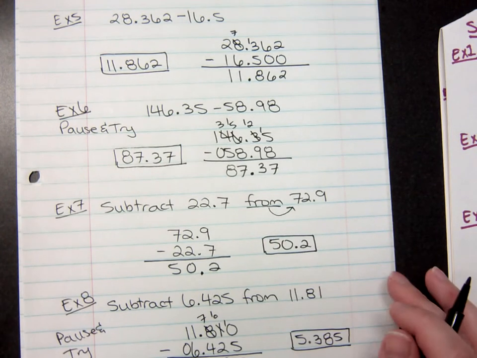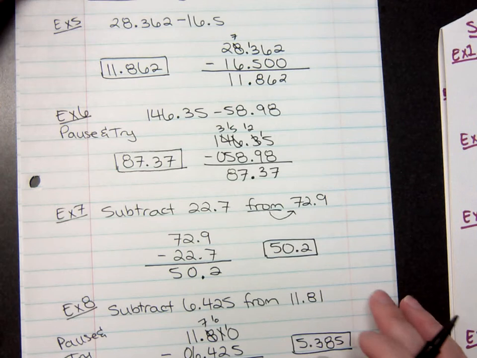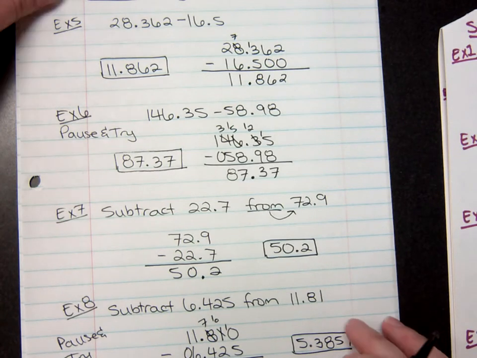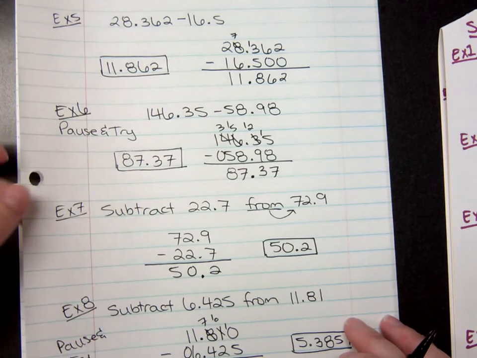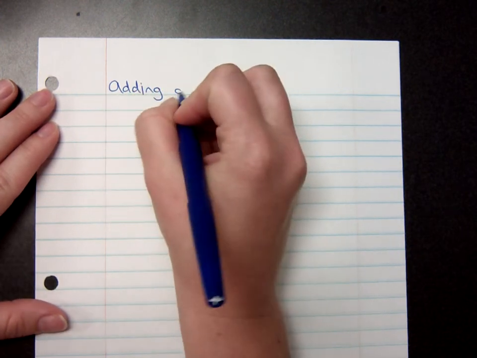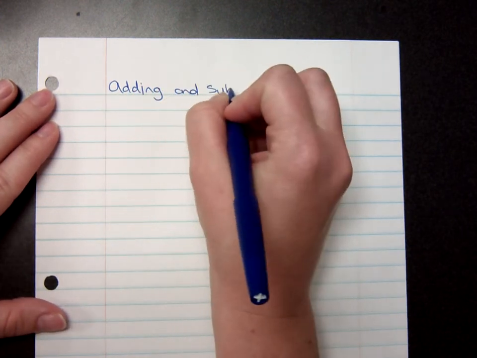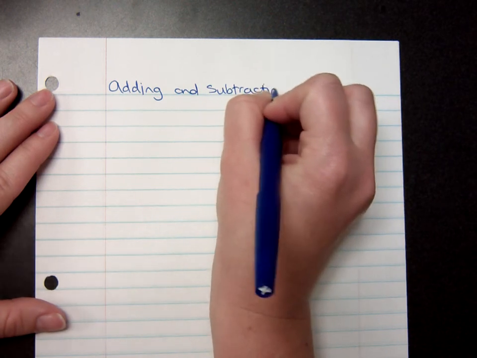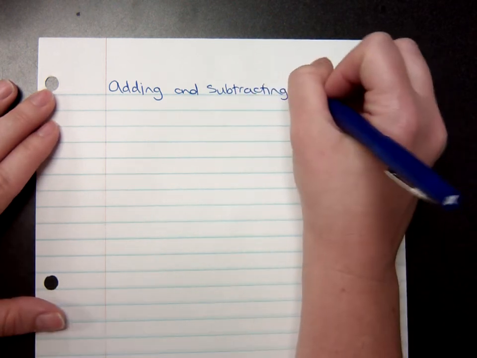Alright, now we're going to deal with the negatives. There's a few things to remember when you're working with negatives, and I'll kind of walk you through those different things to remember. So adding and subtracting with negatives.